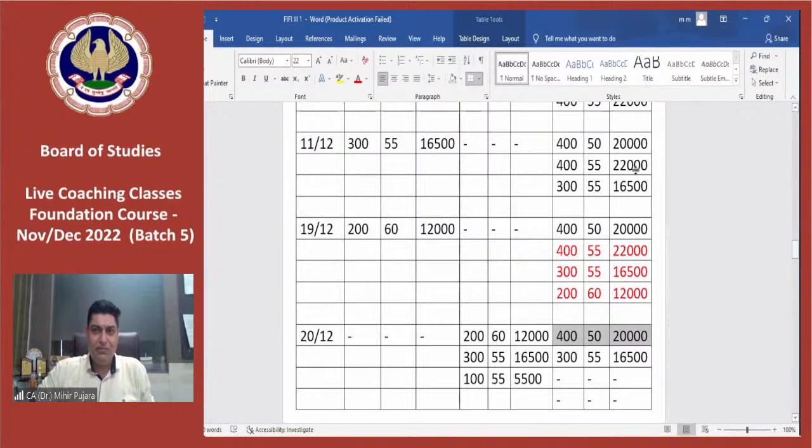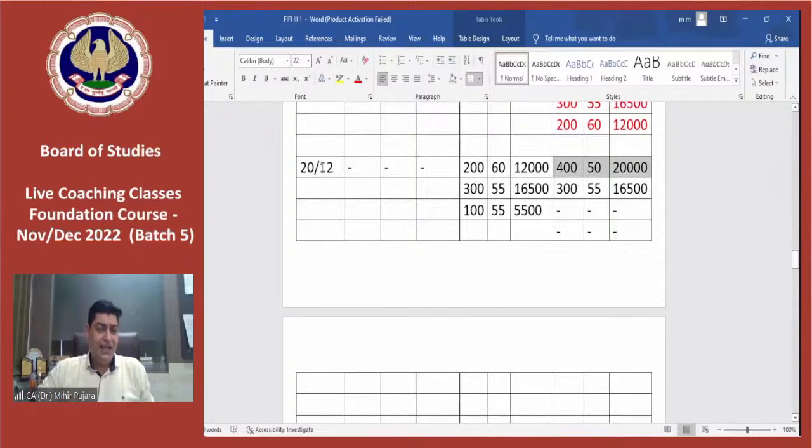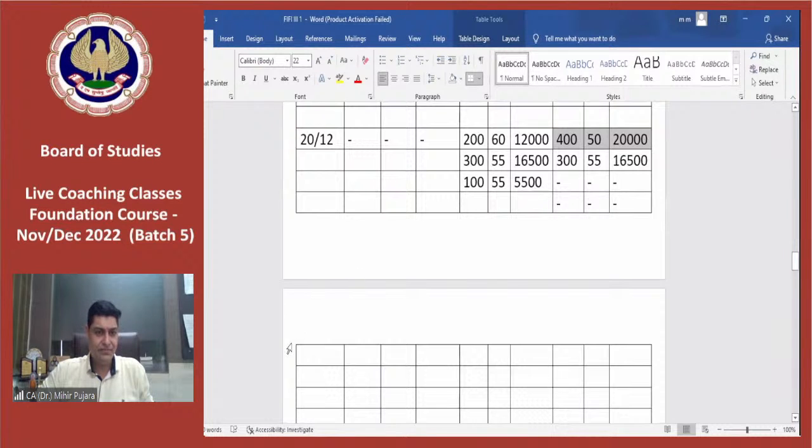Okay. Now let's move further, friend. So we reach up to 20. Now after 20, it's a purchase, guys. On 28, we are purchasing 800 into 7, which is 5600.